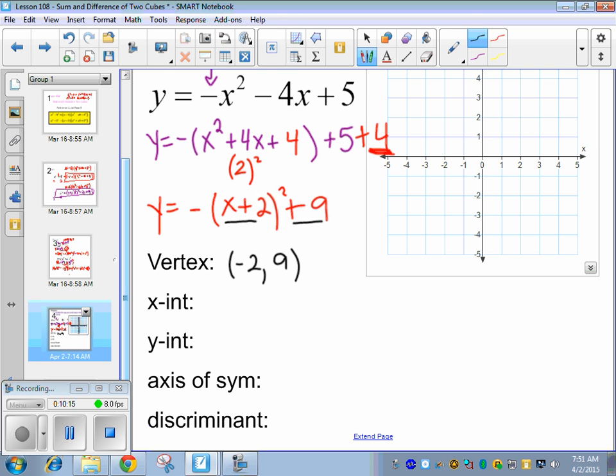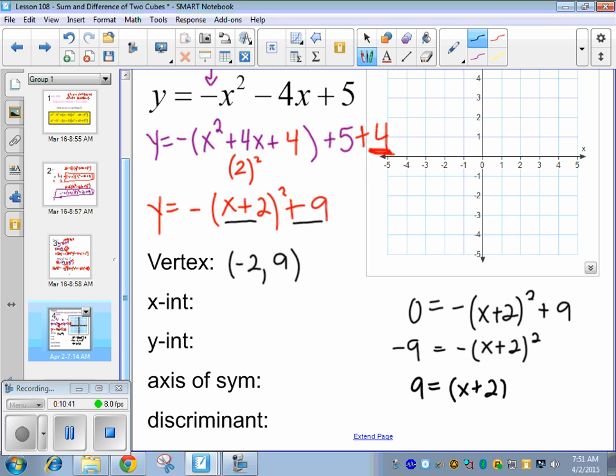All right, for the x-intercepts, we got to plug in 0 for y into this equation that we just found after completing the square. All right, first step is to subtract 9. Next step is to divide by a negative on both sides. That gets rid of the negative on both sides.